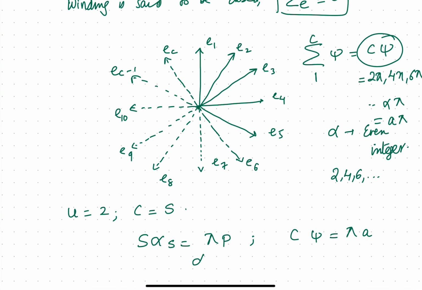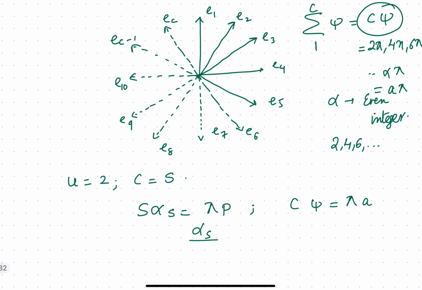So alpha S over psi would be equal to P over alpha, or this psi would be equal to alpha over P times alpha S.